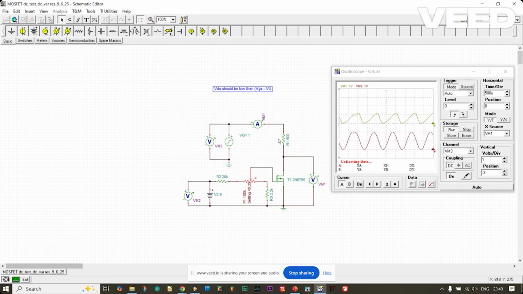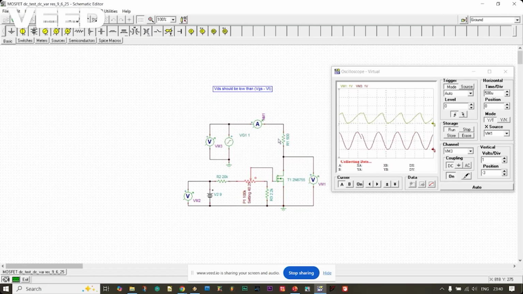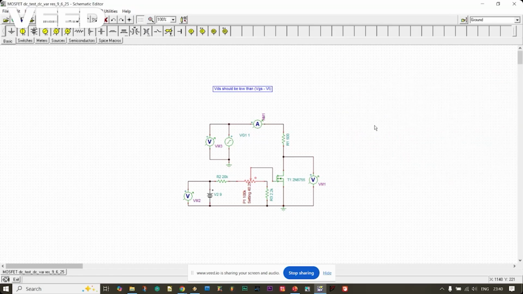That is because of the nonlinear characteristics of the MOSFET. At the triode, it is a nonlinear portion of the MOSFET. So this is the simulation. Now the voltage is low here.